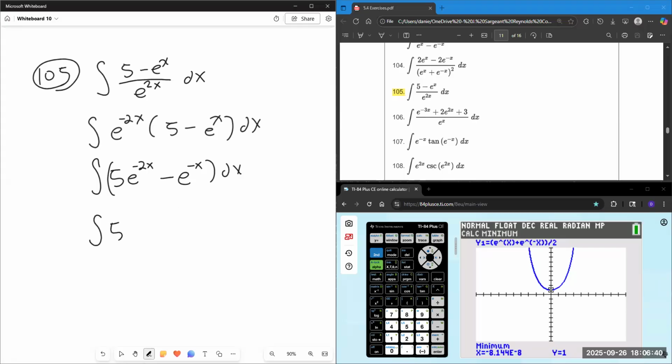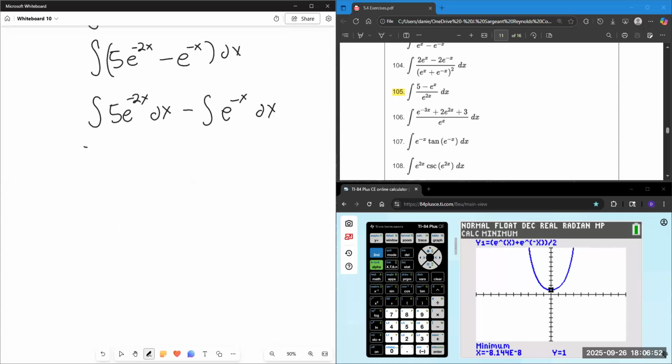Integral of 5e to the negative 2x dx minus integral e to the negative x dx. I'll pull my constant multiplier out front. Leave myself some space here for my du, and minus e to the negative x, leave some space here for my du, and I'll put the invisible 1 right there to be helpful in just a second.